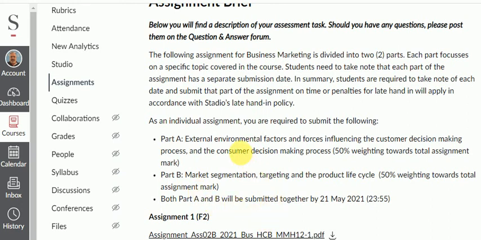So you can complete your assignment, part A and part B, separately. Just save it in one Word document, not separate documents, only one document named part A and part B, and submit it for us on or before the 21st of May.